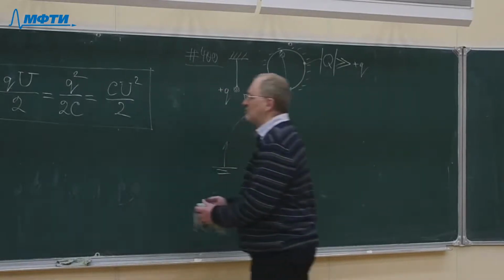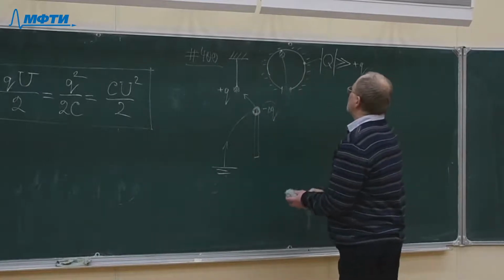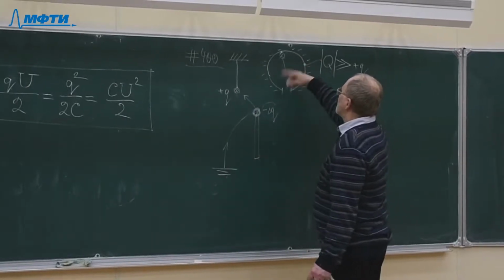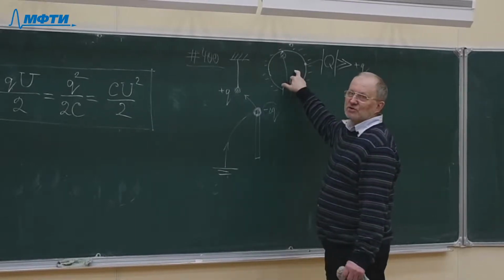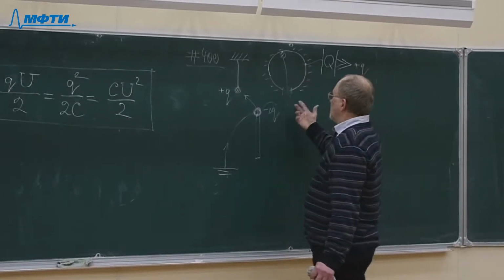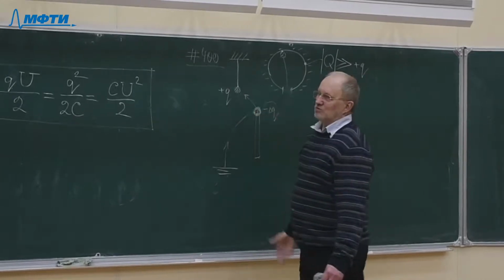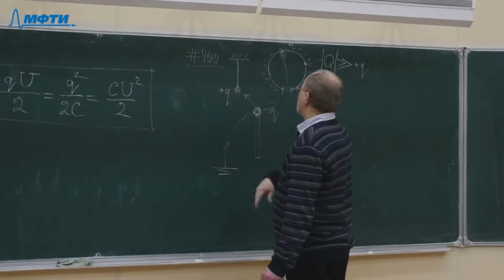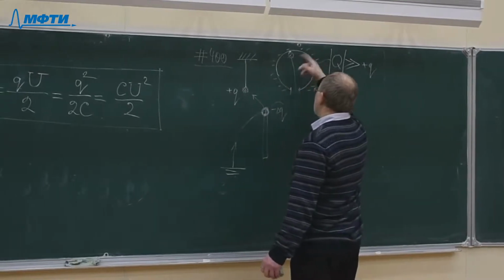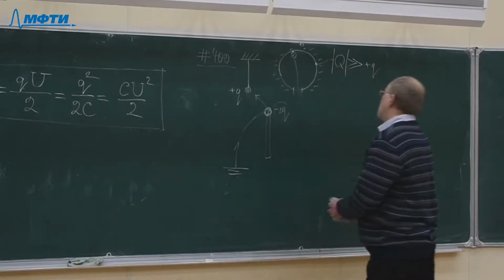It's described there. The Van de Graaff generator allows obtaining huge potentials of hundreds of thousands and even millions of volts when you have a very small initial potential, like one kilovolt, for example, here. And here we can obtain up to a million volts.